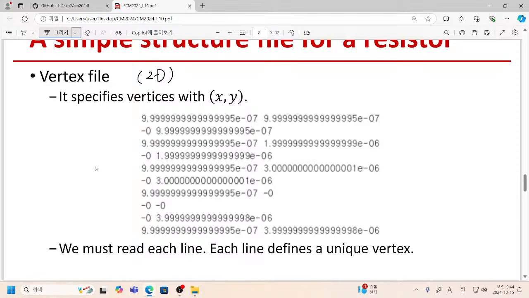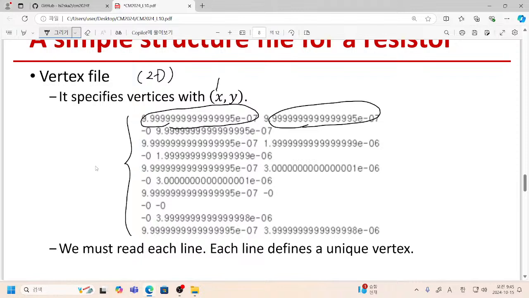When you open a vertex file, you will see a list of those two numbers. You can see that here you have one floating point number and a second floating point number. Each of them corresponds to either the x coordinate or the y coordinate in meter scale, so SI units are assumed here.